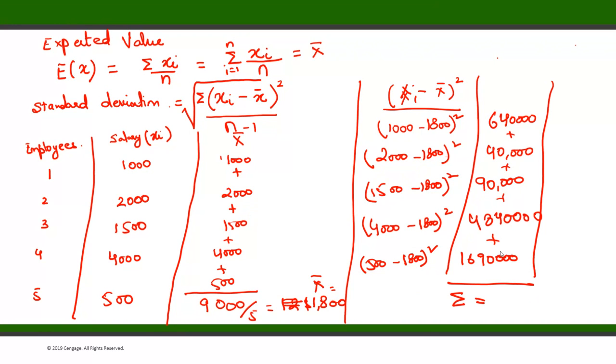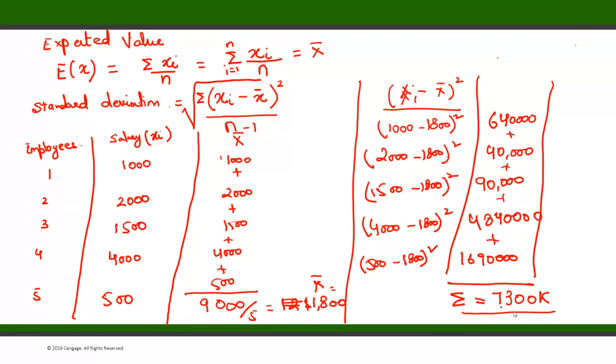So I'm just summing up from bottom up. 90,000 plus 40,000 plus 64,000. So it comes out a really huge number. So it's like 730,000.